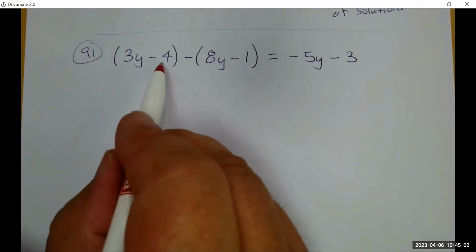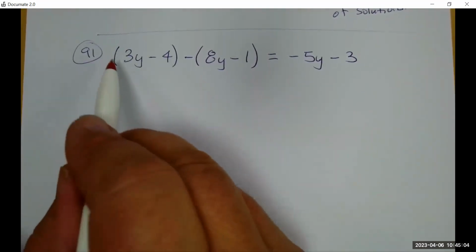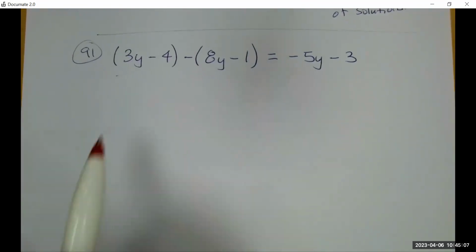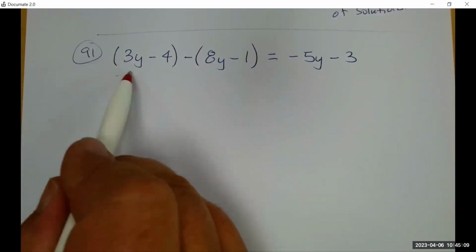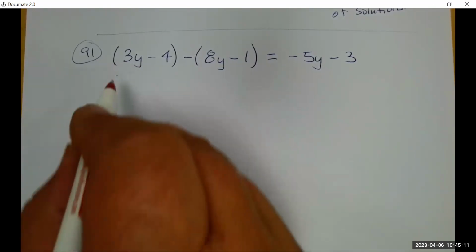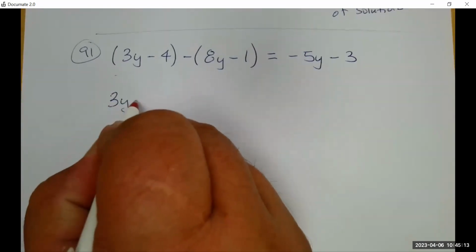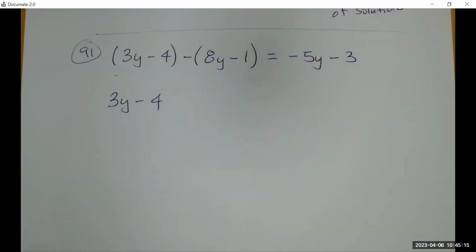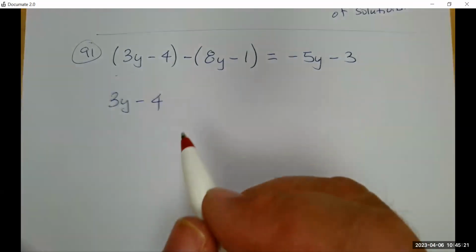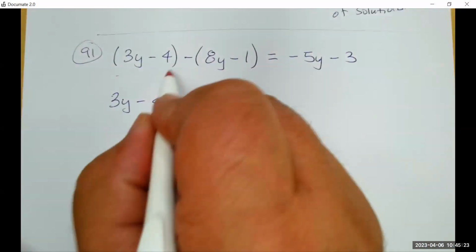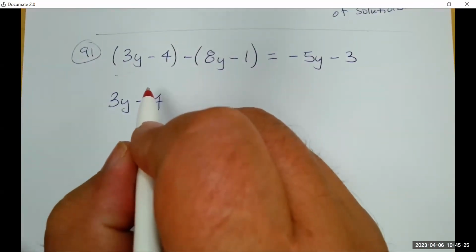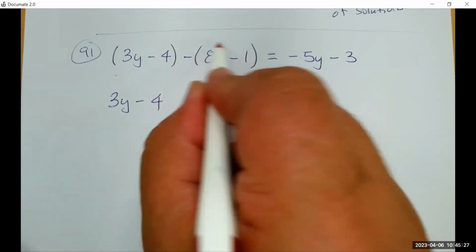We can't do anything in the first parenthesis. So do we need the parentheses? If there's nothing in front of it, we just drop the parenthesis. But there is a number in front of the second one, and you can't do anything inside there, so we have to get rid of the parentheses.